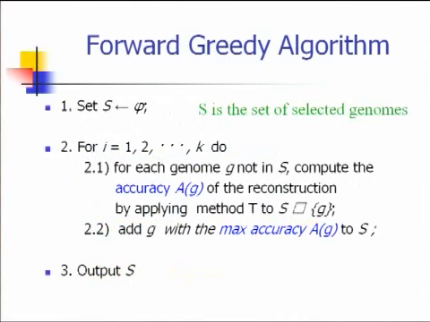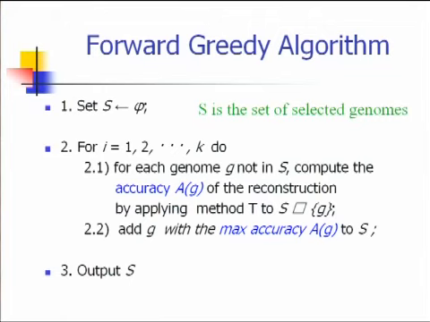The first way is a forward greedy algorithm. We select the genomes one by one. In each step, we select the genome which has the largest increment of the reconstruction accuracy.